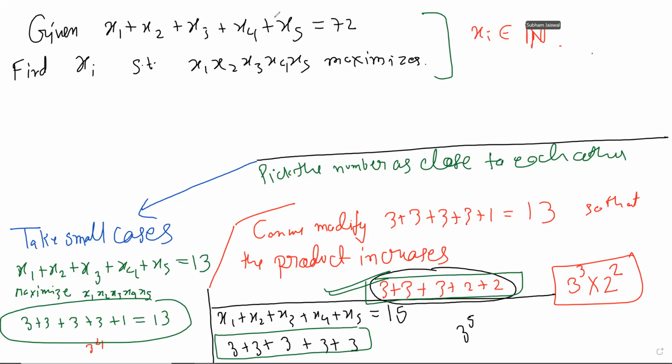Basically divide 72 into 5 equal parts, as equal as you can make them, keeping them natural. Otherwise, you can just say 72 by 5 if there was no constraint. But here we have some constraints, so it won't be totally equal.